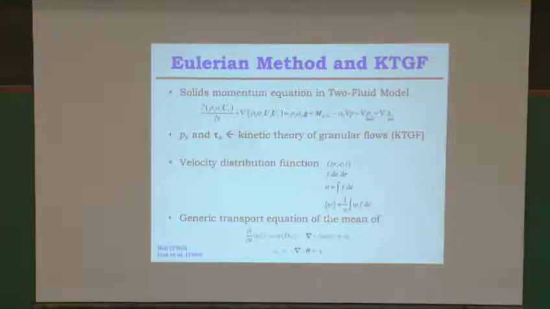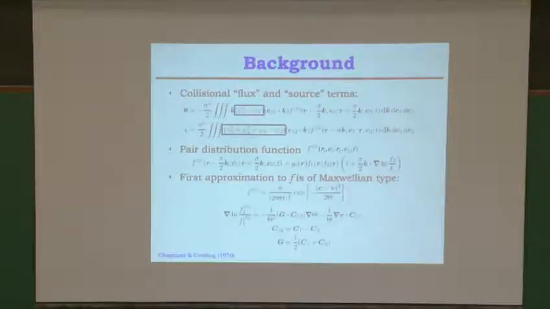So then that leads to our generic transport equation of the mean, which looks like the form that we see here below, in which you have a source term that defines the rate of increase of collisions, if you will, in that particular system. Okay, so that will lead to collisional so-called flux and source terms, which have the forms here.